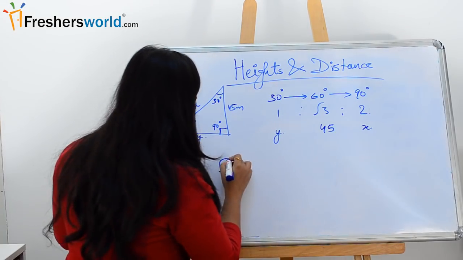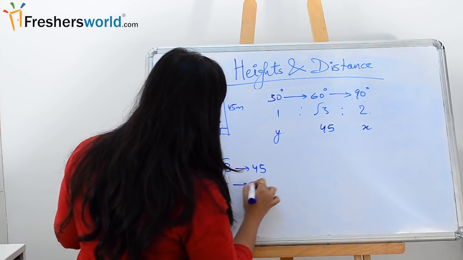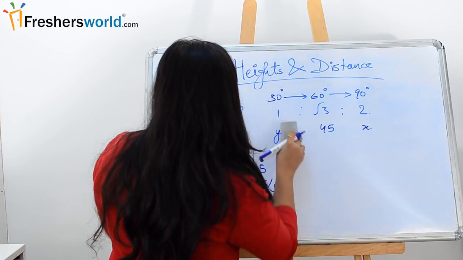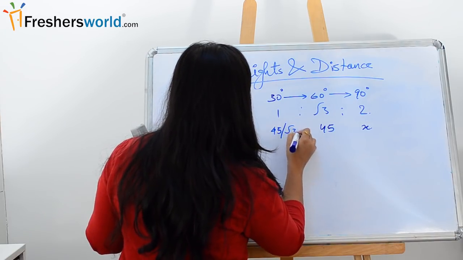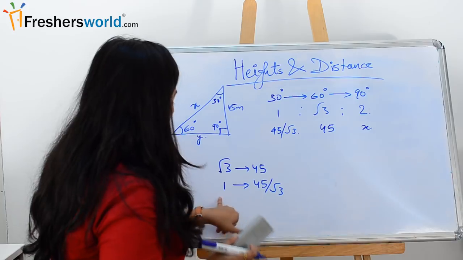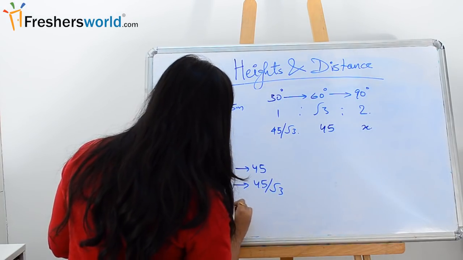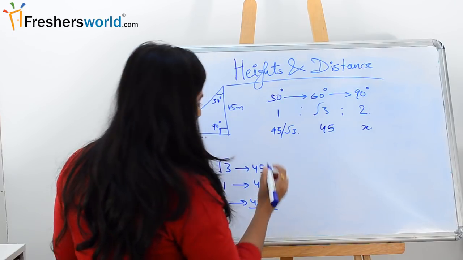So if √3 is 45, then 1 will be 45 by √3. So here we get 45 by √3. If 1 is 45 by √3, then what will be 2? 2 will be 45 into 2 by √3.